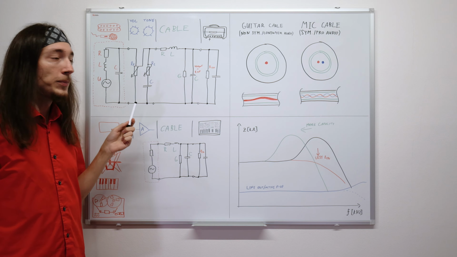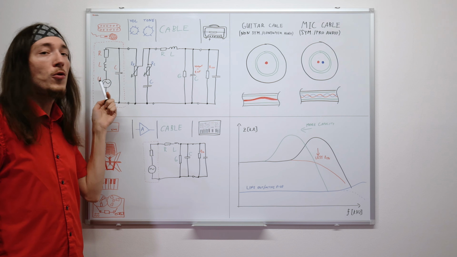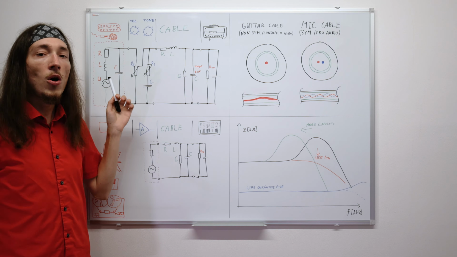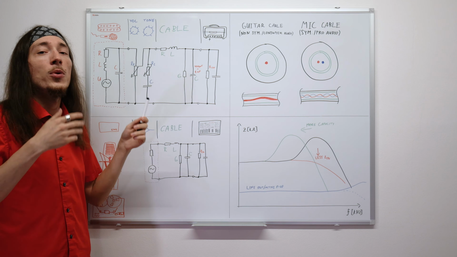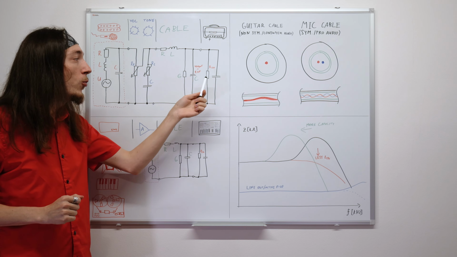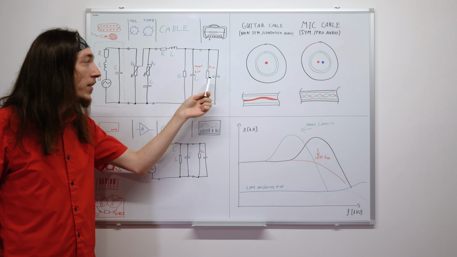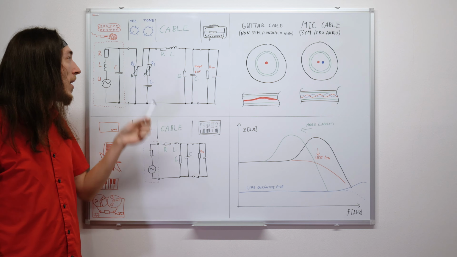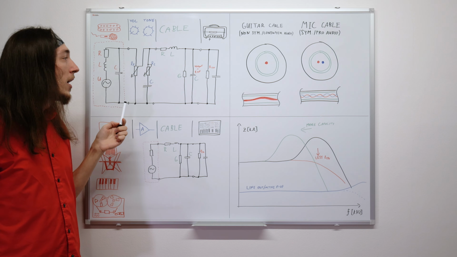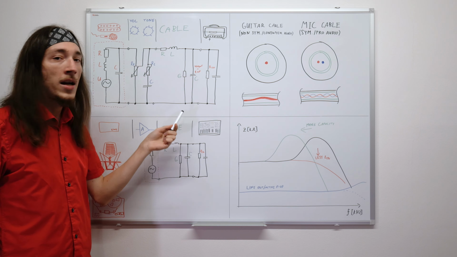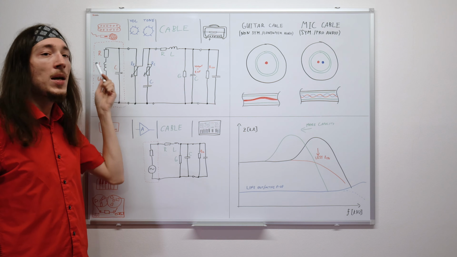But anyway, it shouldn't be loaded too much because every signal source has its own finite energy which it can provide. And what happens if we use lower input resistance at this point? It means that the signal source is asked to deliver more current than the device is capable of.